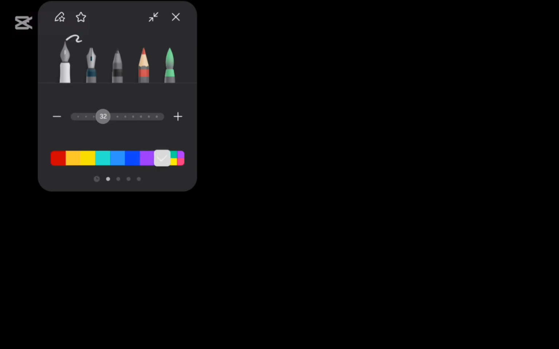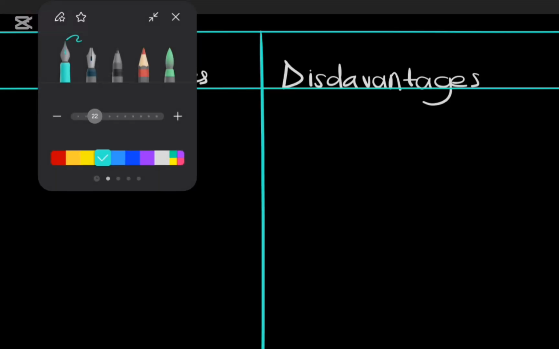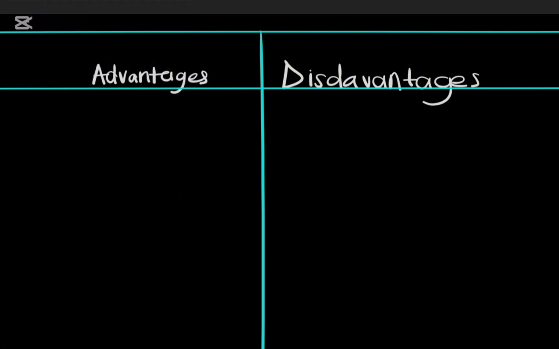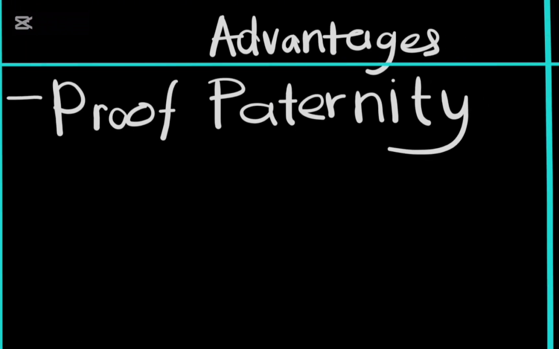So next we are going to look at the advantages and disadvantages of DNA profiling. We are going to start with the advantages first. The first advantage is meaning that we get to determine our biological parents.